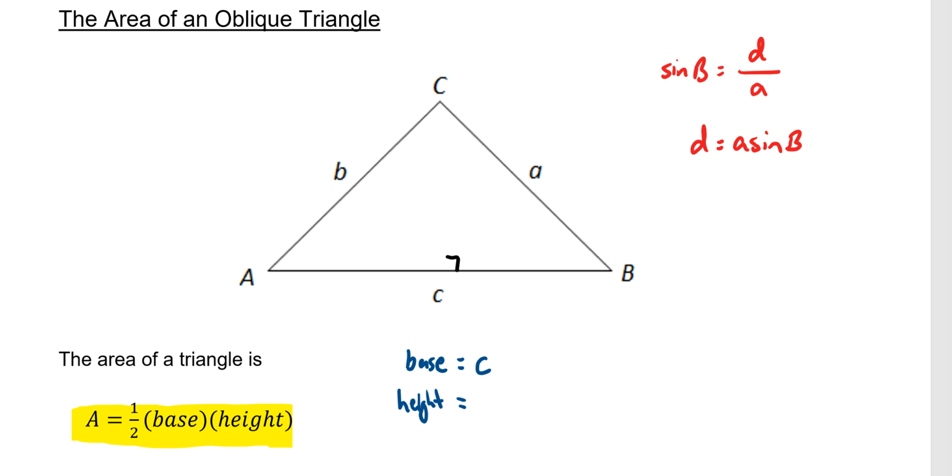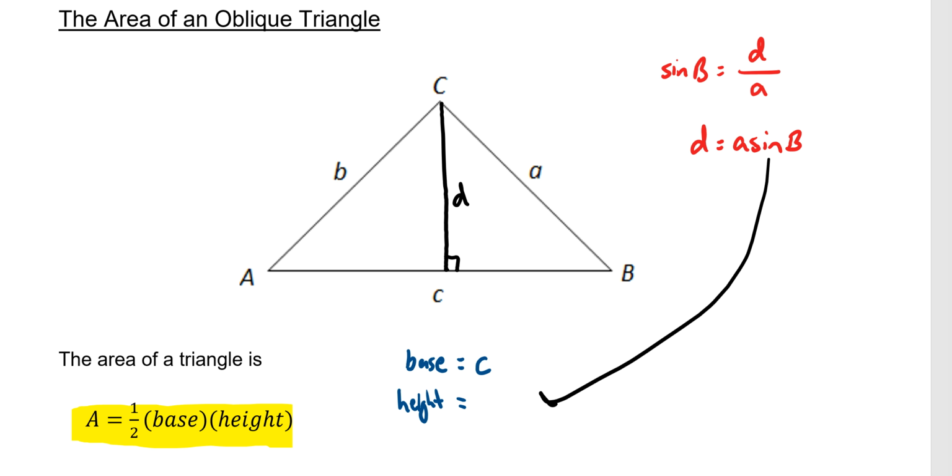So you might be saying to yourself, well, that is not helpful at all, because now instead of D, we have A sine of B, but it is helpful because we know or can figure out A and B, because that's part of our triangle, whereas D is technically not a side in our triangle. So D is the height.